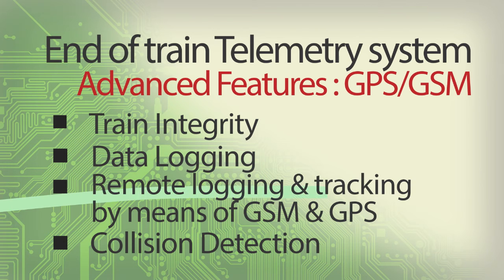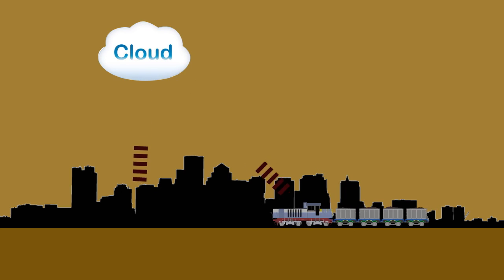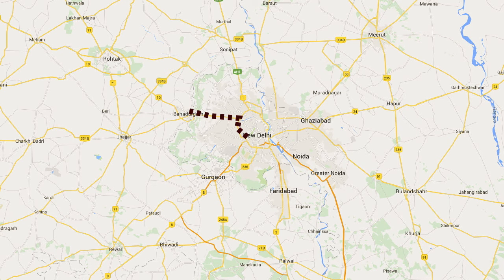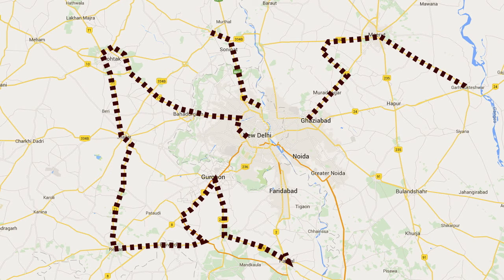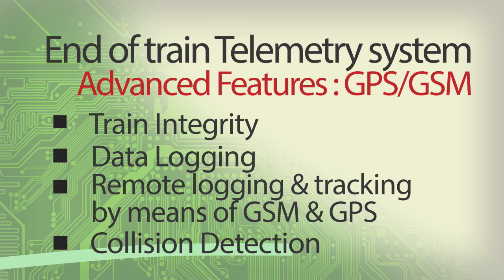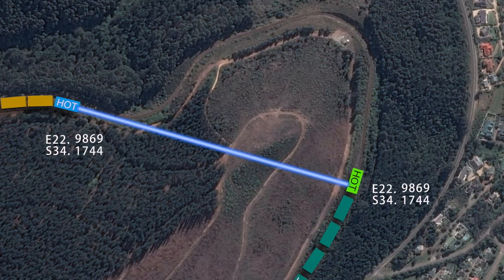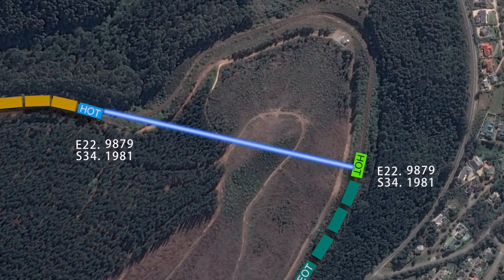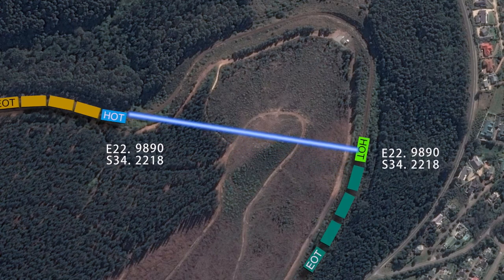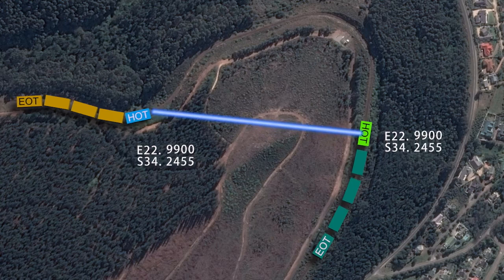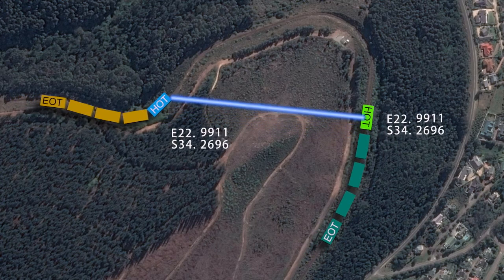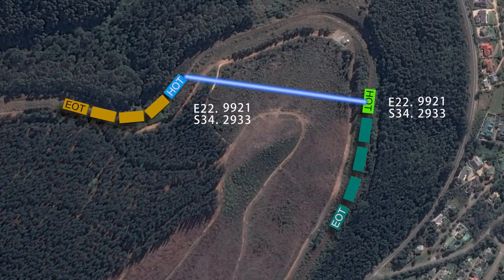Because the EOT has GSM and GPS capability, it can log valuable data onto a remote server as well, and track each individual EOT's current and past locations and routes. The HOT can detect other EOTs which are in radio range. It can then calculate the distance by which they are apart by means of each other's GPS coordinates, and whether the other train is moving away or towards it.